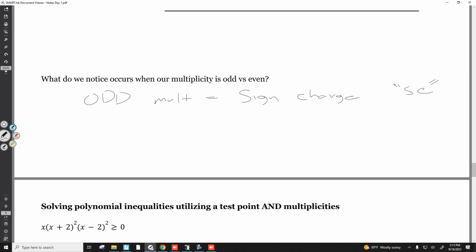Even multiplicity, no sign change. Because you're always going to have that positive factor coming out of it.